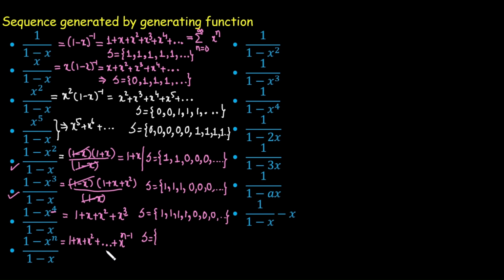We will get n ones. As per the previous one, we are getting 4 ones. Here we are getting 3 ones. Here we are getting 2 ones. In this case, we will get n ones and the rest are zeros.